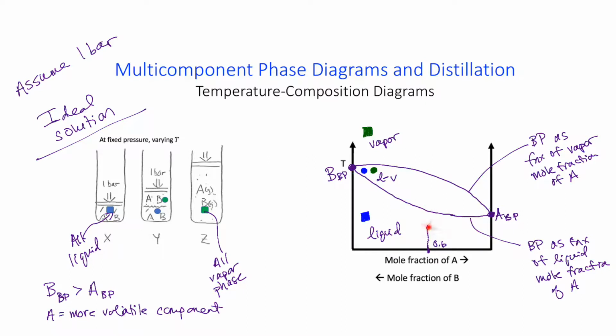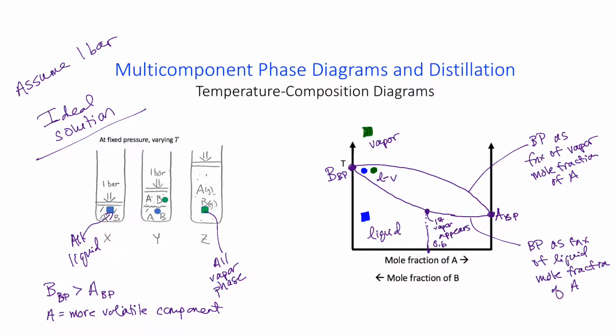Once we hit this temperature, which matches up with that point on our lower liquid vapor line, we are going to get our first vapor. At this point, this is where our first vapor appears.